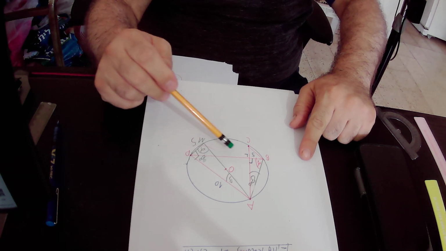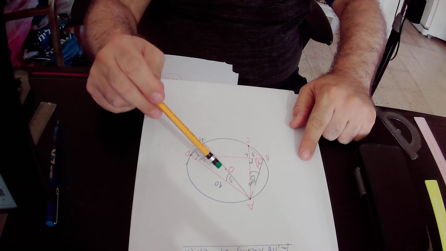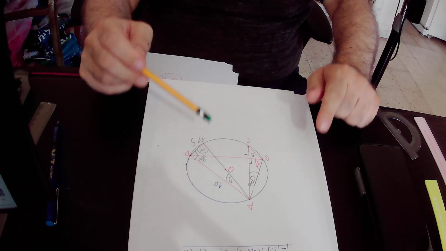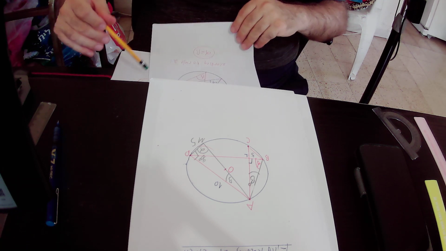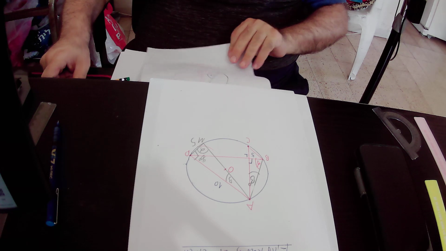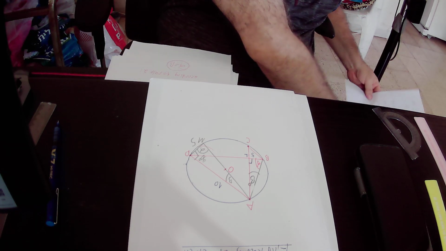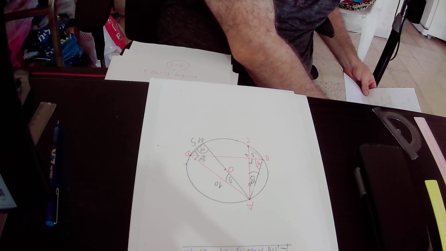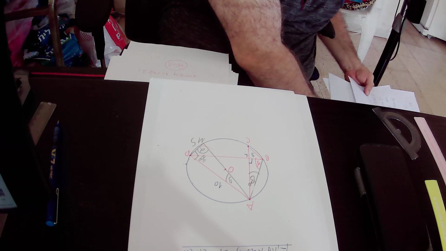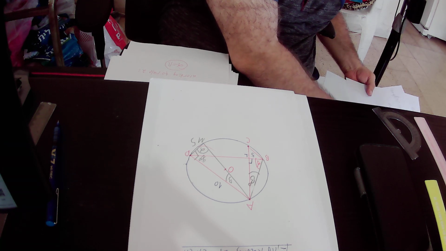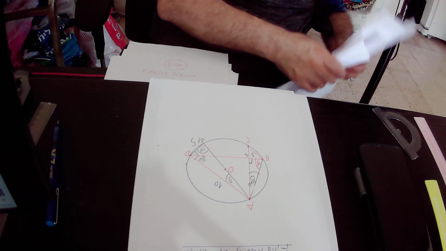So we have two angles that rest on the same chord AD, and according to rule number 2, they are equal to each other.